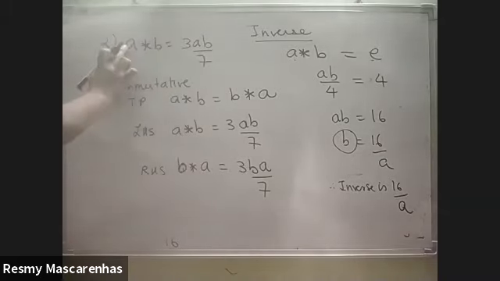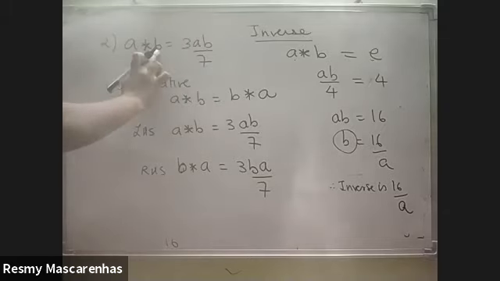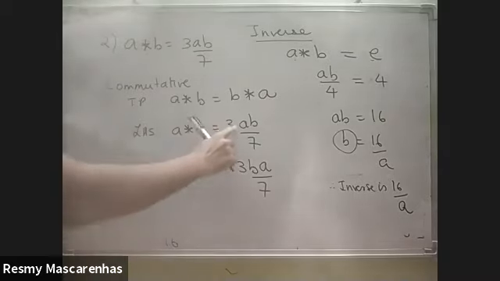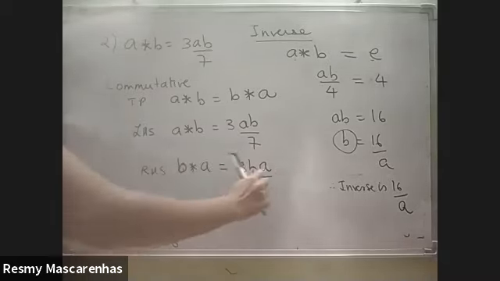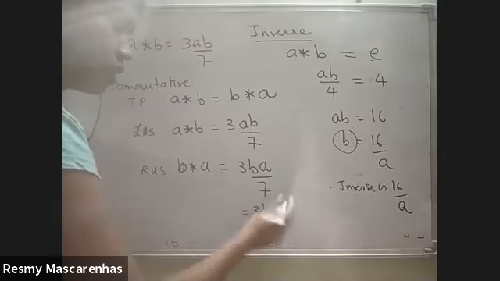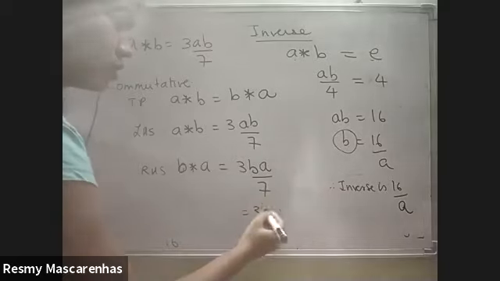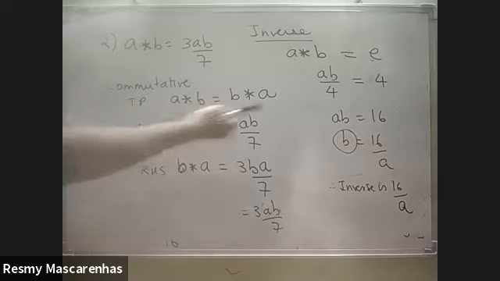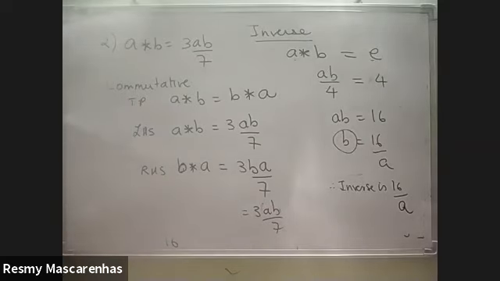So if B is here first, here it will be B; if A is here, then this will be A. So accordingly, I have written. Is it not the same? 3AB, is it same as 3BA? Yes. So I can write it as A into B also. So the value remains the same. BA is the same as AB, and therefore left hand side is equal to right hand side.